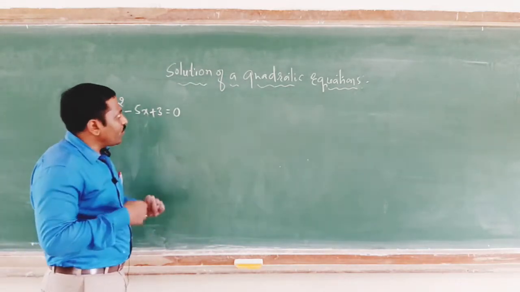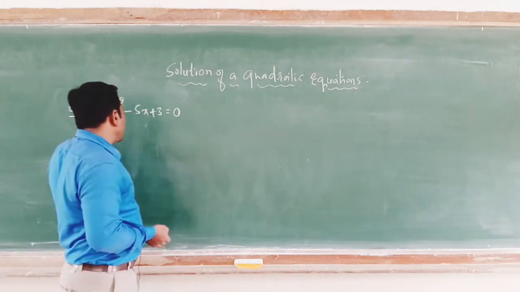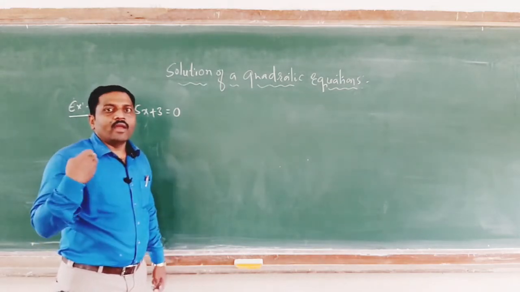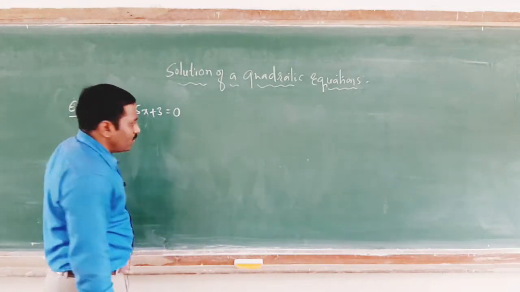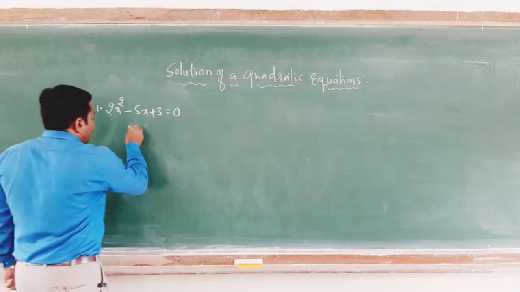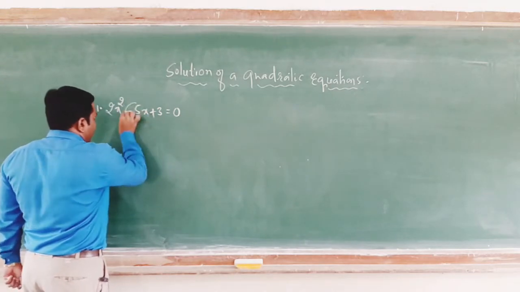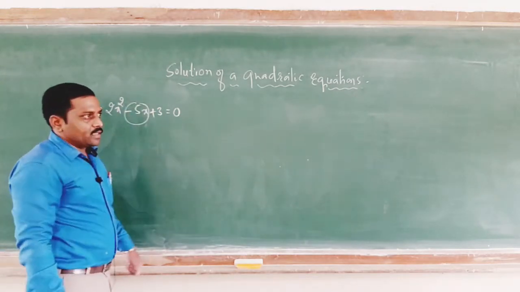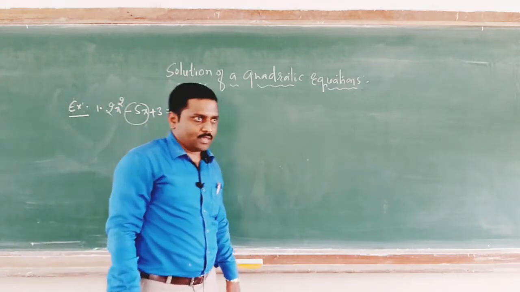How do we find the solution of such a quadratic equation by the factorization method? Here, the middle term of this equation is minus 5x.